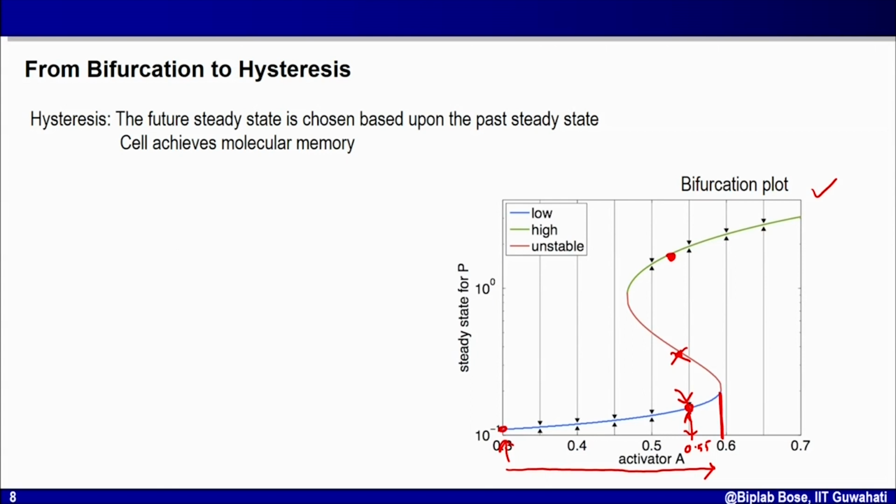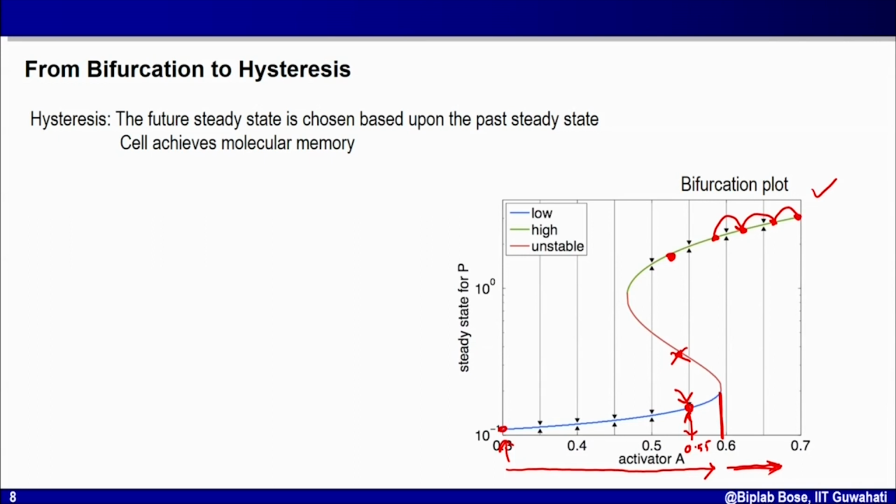The system is already in the lower steady state, so it will stay there. If I increase the value of A further, there is no other option, and the system will jump to the upper steady state on the green line. So if I keep on increasing the value of A towards 0.7, the system will jump along this green line and may reach this highest value.